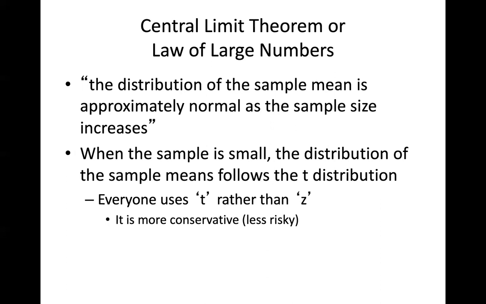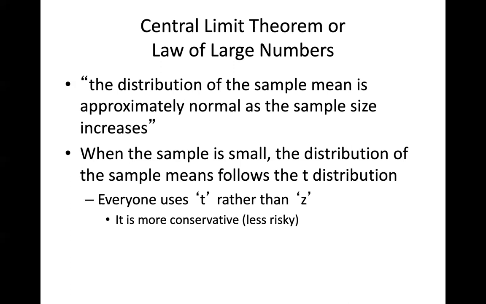Well, I don't know. If the sample size is small, the distribution of that sample mean follows a t distribution, which is wider and flatter. A z distribution is a pure normal distribution, which is more peaked.